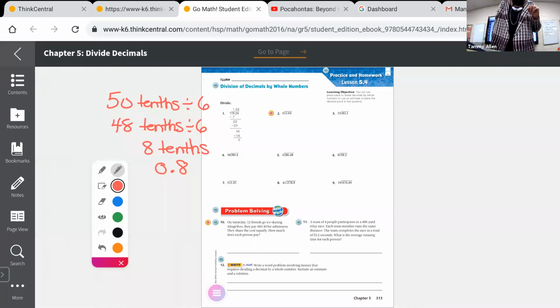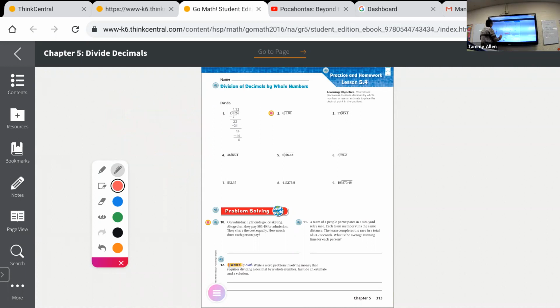Number 4. I would have changed 36 to 40, making it 86 divided by 40. What multiple of 4 is close to 8? 8, so we'll make it 80 divided by 40. And 80 divided by 40 is 2.